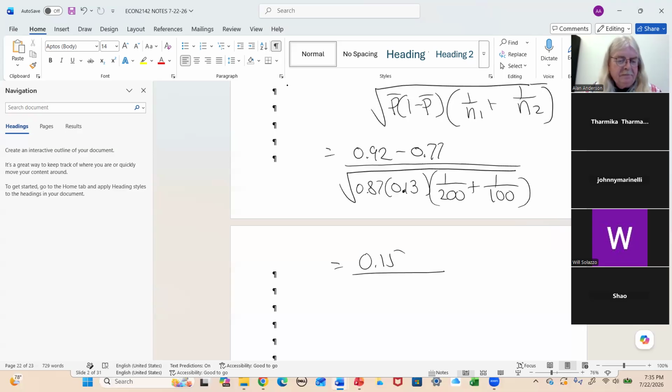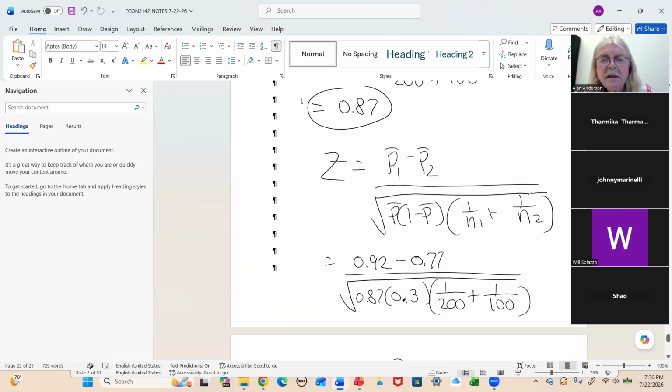For the denominator, let's see what that turns out to be. Wait, that's about 3.64. Okay.